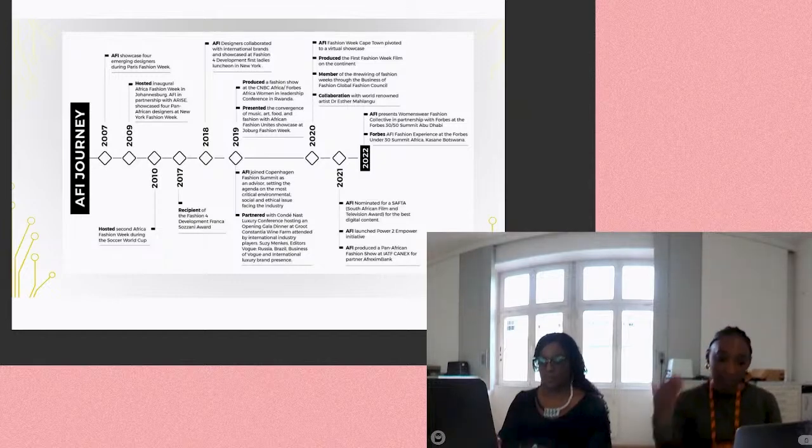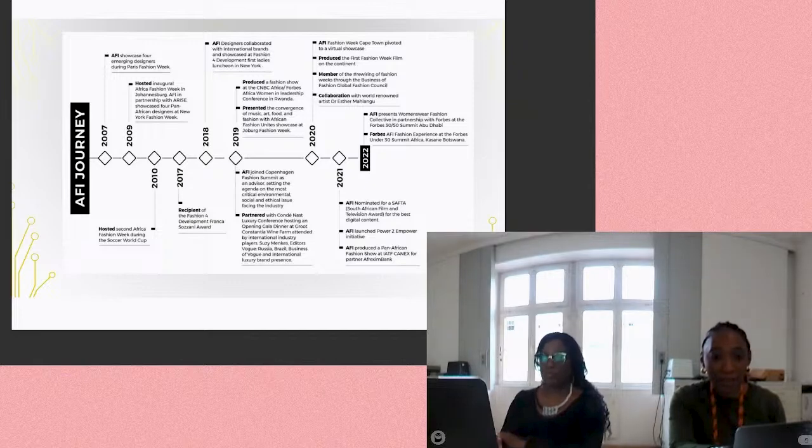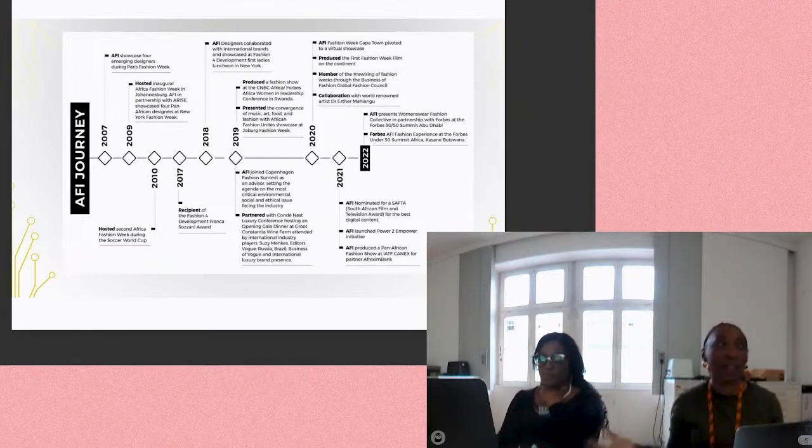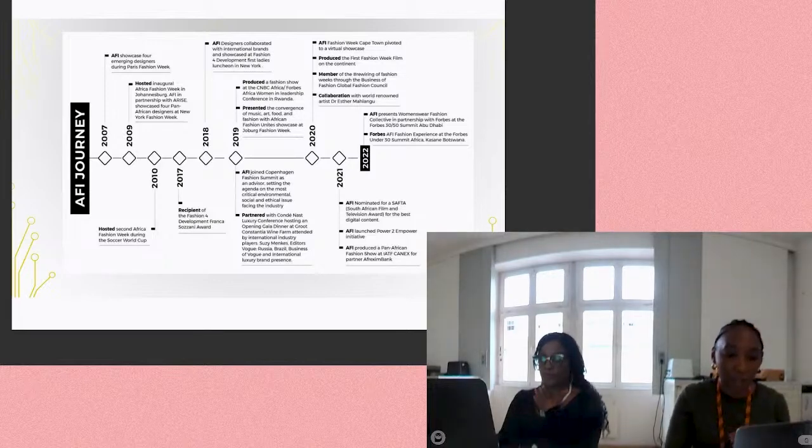And they've just been moving on, moving on. My timeline only stops in 2022, but I know this year, 2024, there were also some fashion houses that were able to showcase in Paris. Actually, Paris came and said, let's do this together. How do we actually bring some of the African brands to present their collection at the Paris Fashion Week?